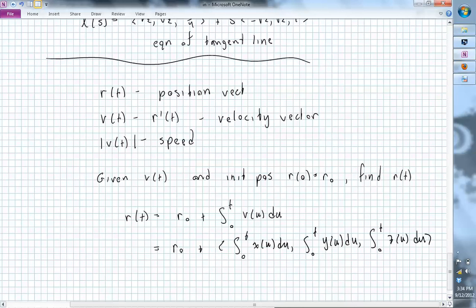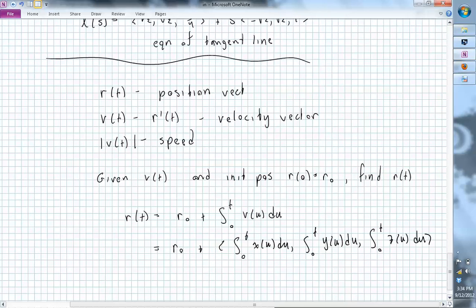And what this does is it turns a Calc 3 problem into 3 Calc 1 problems. That's something you're going to see a lot this semester. You take the Calc 3 problem and you turn it into a whole bunch of Calc 1 problems, which you all know how to do and can do in your sleep now, so this is not a big deal, right? Okay.